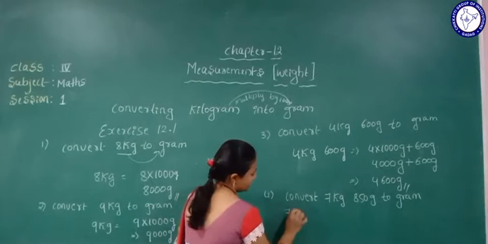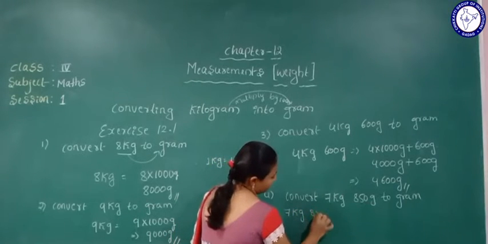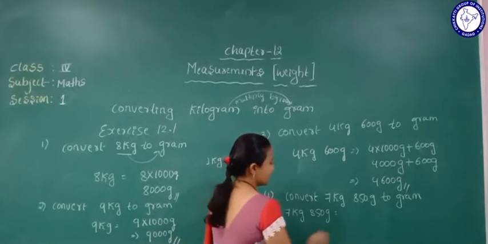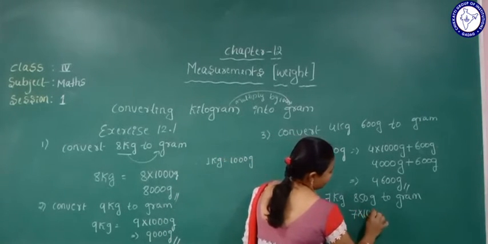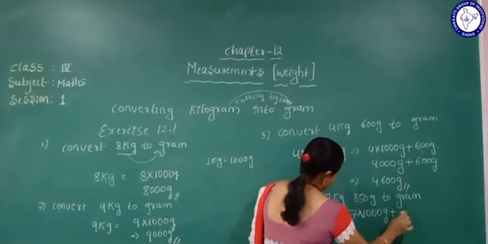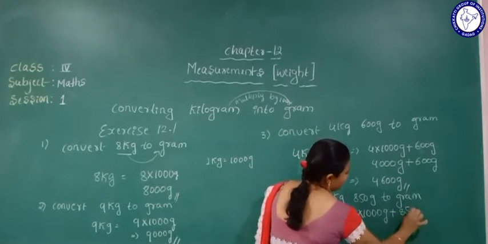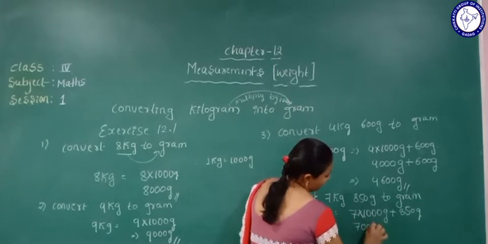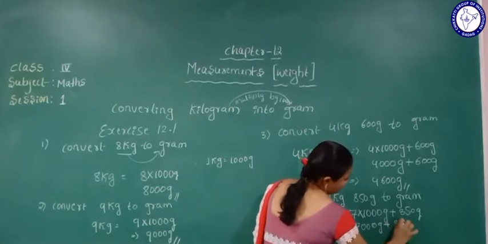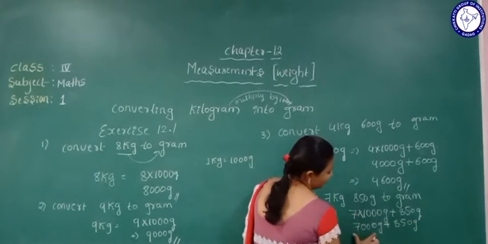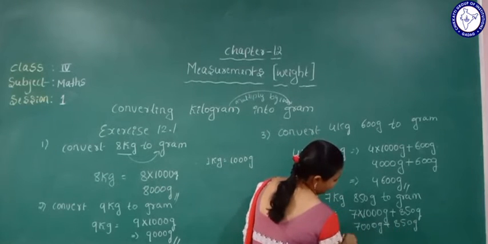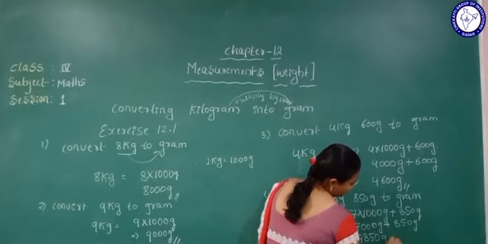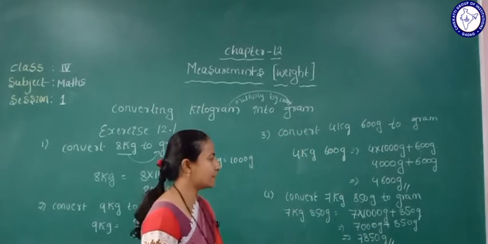So 7 kg 850 gram, we write first, and we convert the kg. 7 into 1000 gram plus 850 gram. 7 into 1000, 7000 gram plus 850 gram. We add 7000 and 850. The answer is 7850 gram. Understood this one?